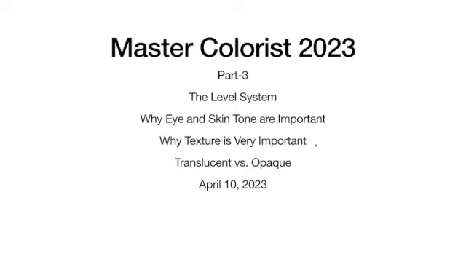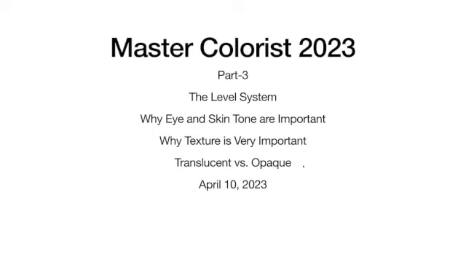In the next part 3, I'm going to talk about the level system, where it comes from and how we determine it, why eye and skin tone are important, why texture is incredibly important when hair coloring, and I'm going to talk about translucent and opaque versions of the same color.